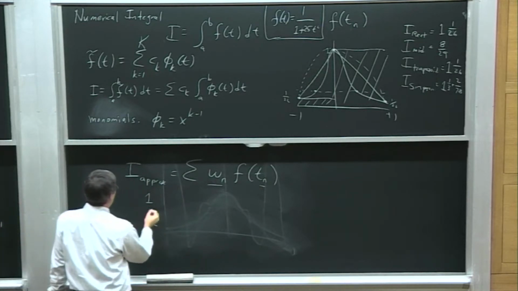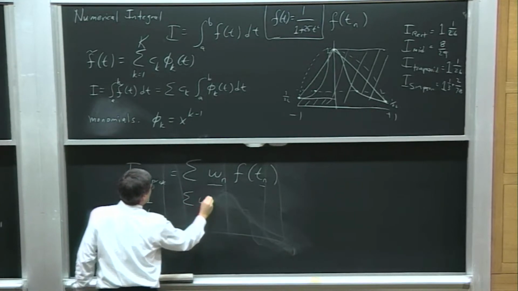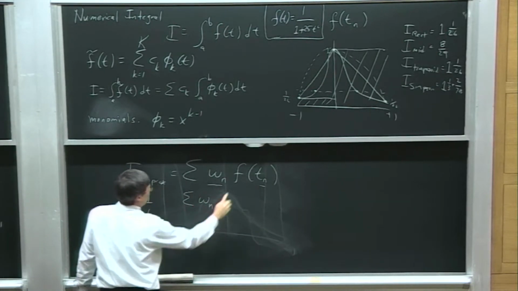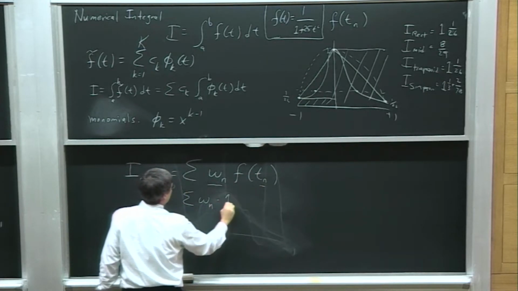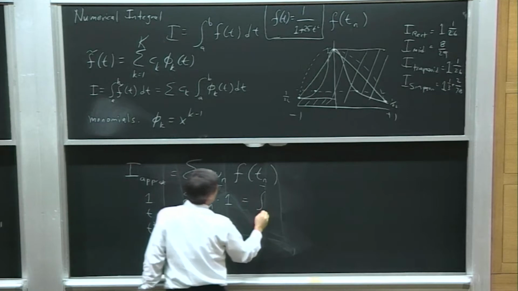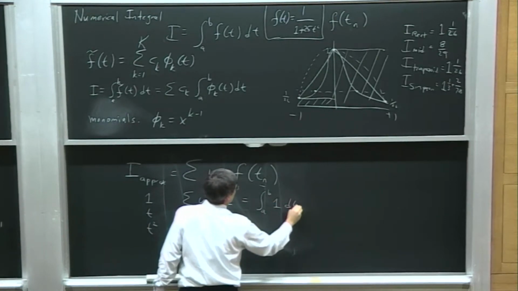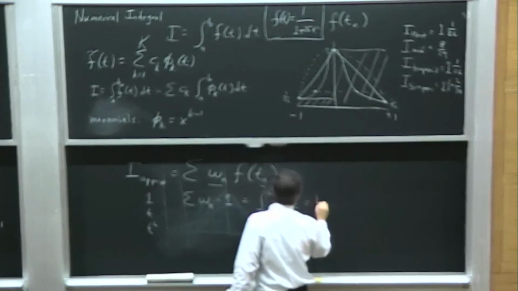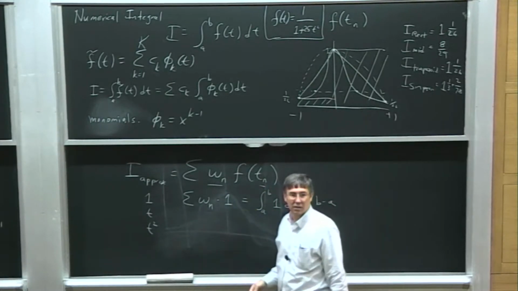So what I want is, for the monomial 1, the summation of wn. My f for the monomial 1 is always 1, so it's times 1. I want this to equal the integral from a to b of 1 dt, which is b minus a. Okay, so that gives me one equation for the w's.